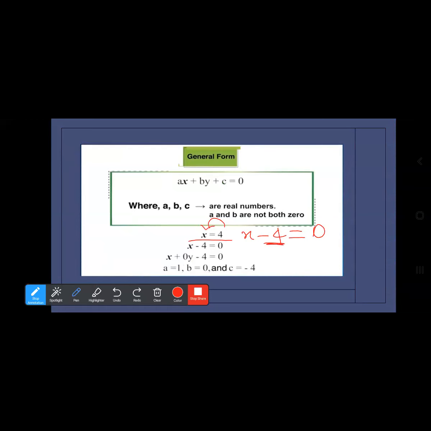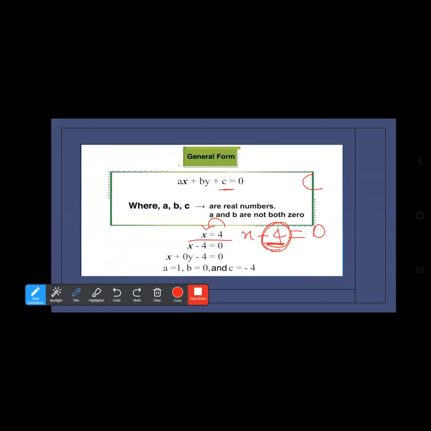This minus 4 is a constant, because along with the constant you will not see any variable, so it is the value for c. The first variable is x, and since y is not there, the second variable is missing.